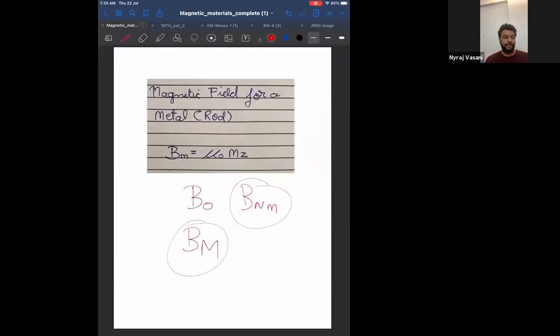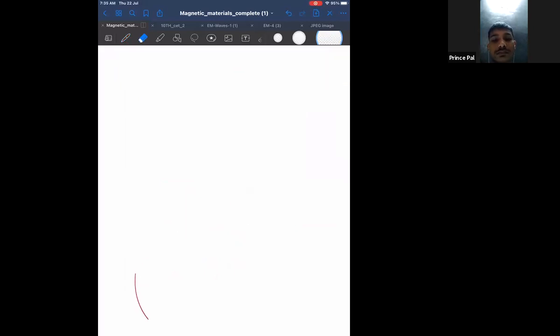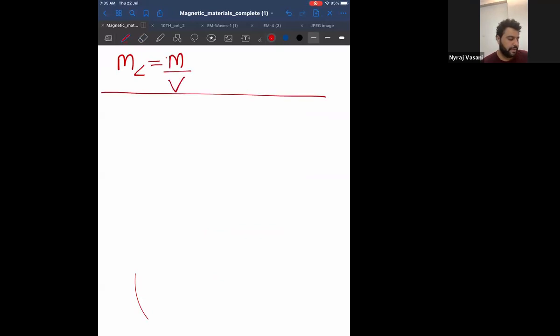Now let us do a recap. I will only say, you just listen. We have studied the formula for magnetization as magnetic moment per unit volume, correct?